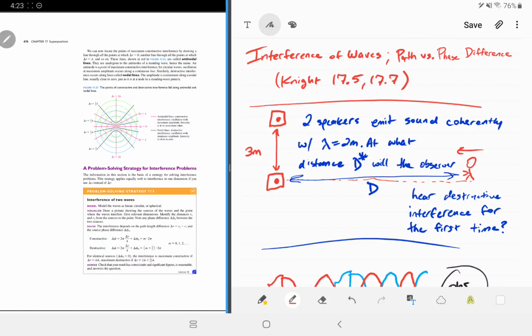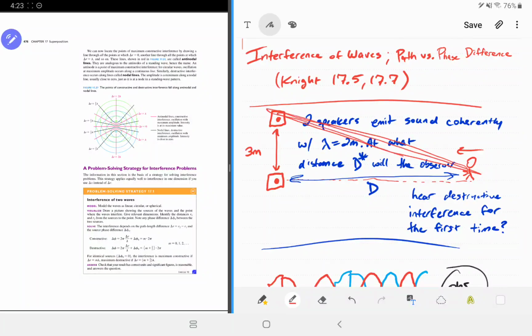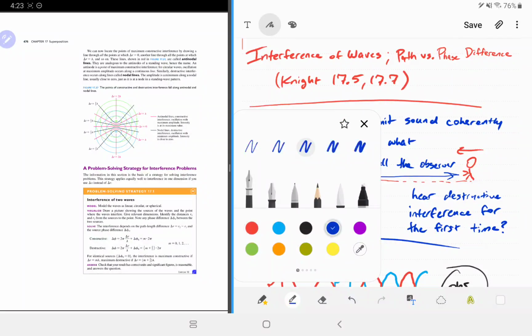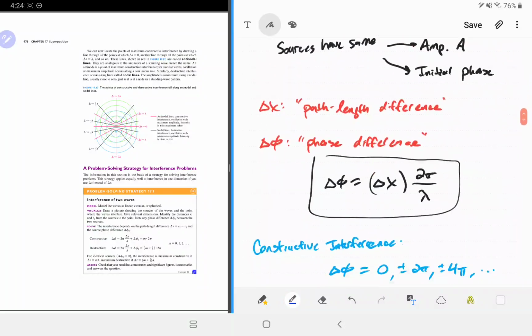A lot of times you can just use the picture to find out the path length difference. So what's the distance from the observer to the speaker over here? And then minus d is going to be the distance from the observer to this closer speaker. And that'll give us the path length difference right away. And then we can turn that into a phase difference. All right, so let's do that.